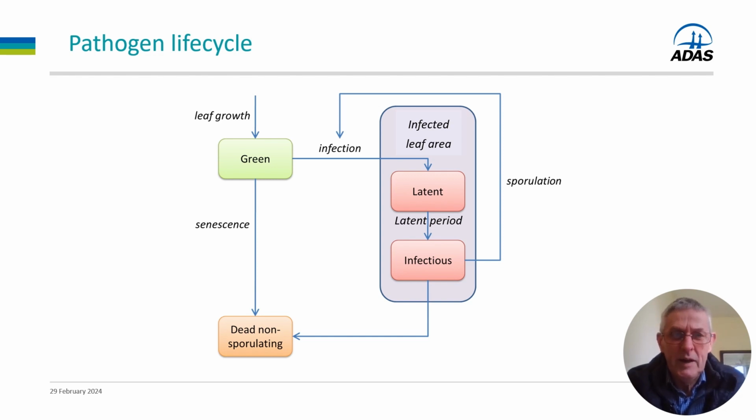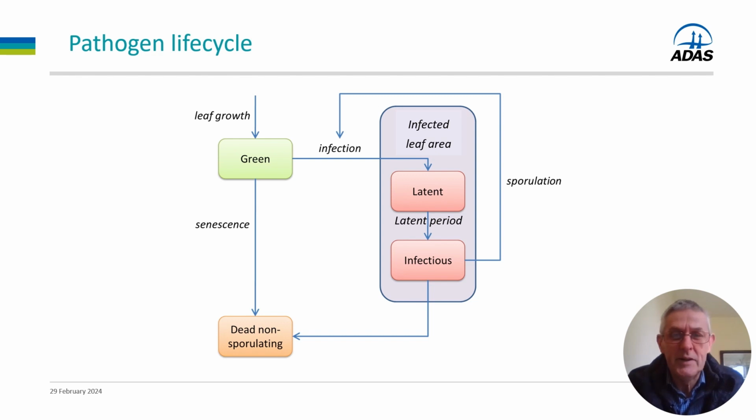So let's think about this sort of quantitatively. On the left-hand side we have new leaves growing, producing green leaf tissue. If they don't get infected, those leaves will eventually senesce and die. If they do get infected, then part of that leaf area is going to become latent infections.